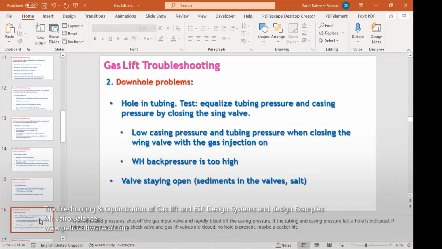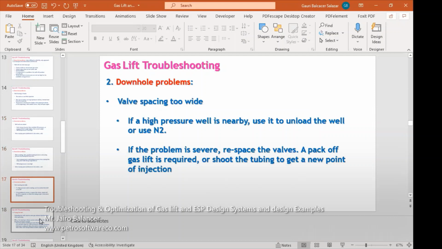Holding the tubing, we mentioned that also. The valve is staying open. The valve spacing is too wide. If a high nitrogen pressure is nearby, we can use nitrogen in order to solve the issue, I mean, to unload the well.